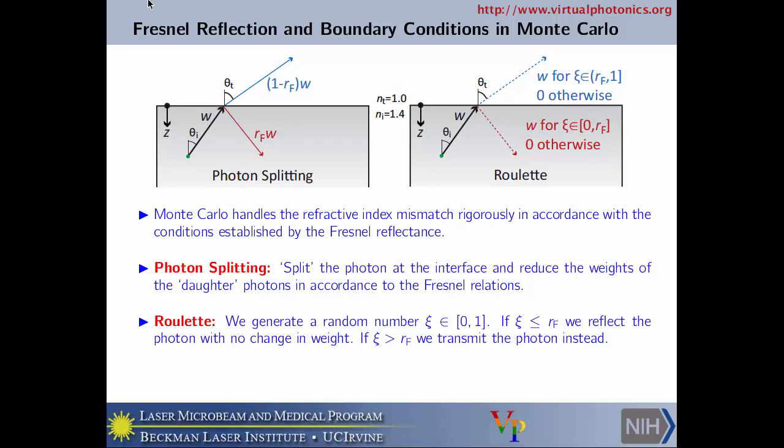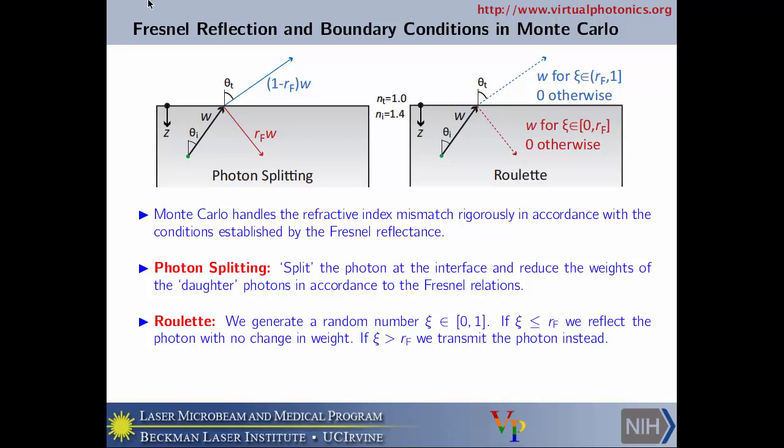I can calculate using the Fresnel relations what fraction of that will get internally reflected and what fraction will escape. And I can split that photon, and if I'm interested in tallying the reflectance, I can tally that by taking the initial weight of the photon, multiplying it by 1 minus the Fresnel reflectance, and I can allow the complementary fraction of that weight to totally internally reflect and then continue propagating. Okay, so that's one way you can do that.